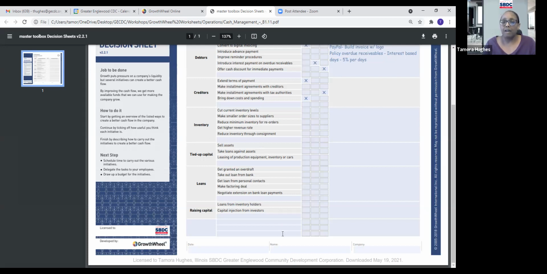So that's how that works. And then, of course, negotiating extensions on your bank loans and all of that. So these are things that you need to think about in this particular section.